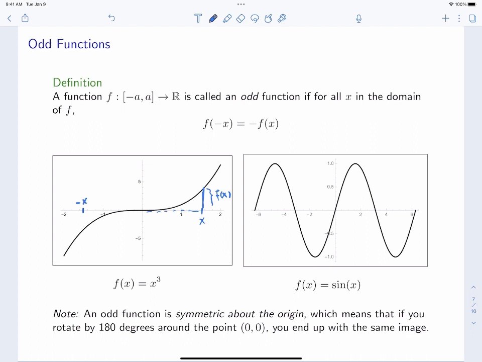So if we move to the left by x units, then our y value is going to be exactly the same, except negative instead. We're moving down instead of up. So it's going to be down here. This length right here is still f at x. That length is still f at x. But now we're moving down, so the y coordinate corresponding to minus x is minus f at x. And so that's exactly what this equality says. f at negative x is the same as the opposite of f at x.